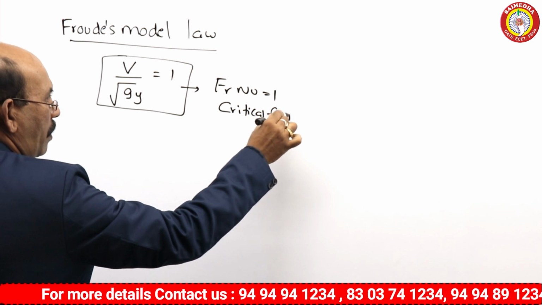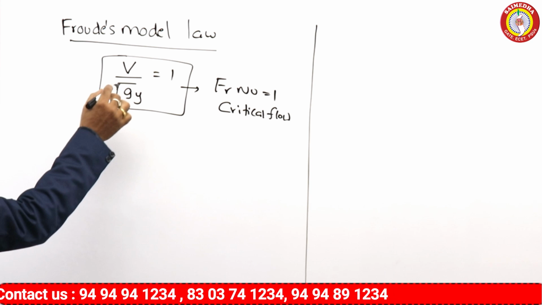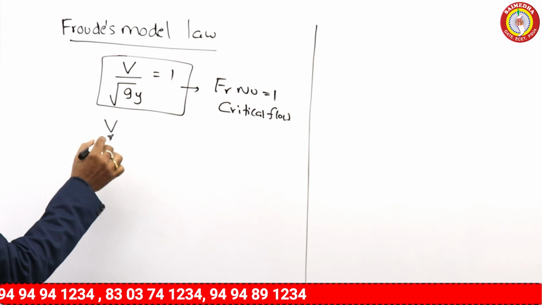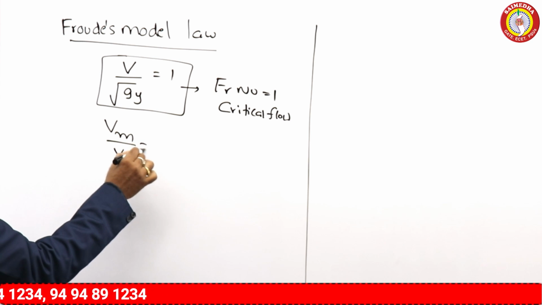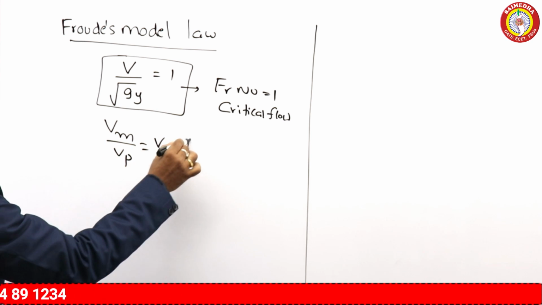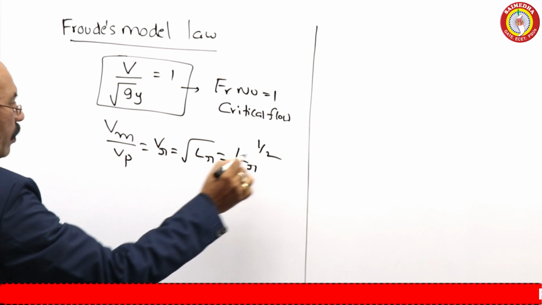So accordingly we can write this model, and we have discussed Vm by Vp is equal to Vr, which is equal to root Lr, or Lr to the power of half.